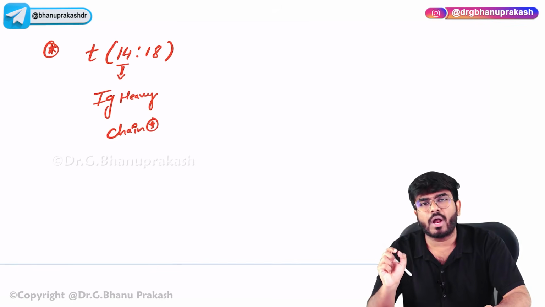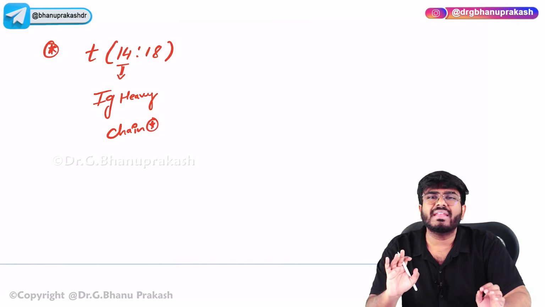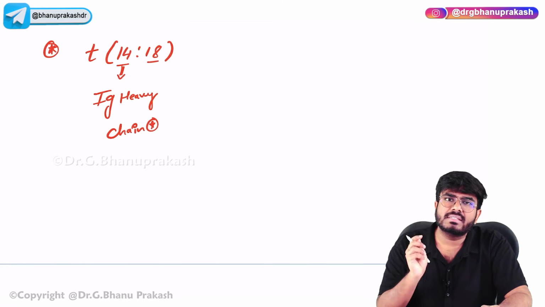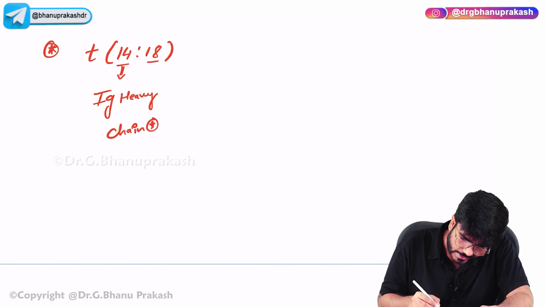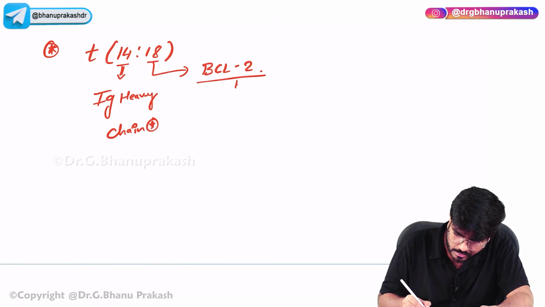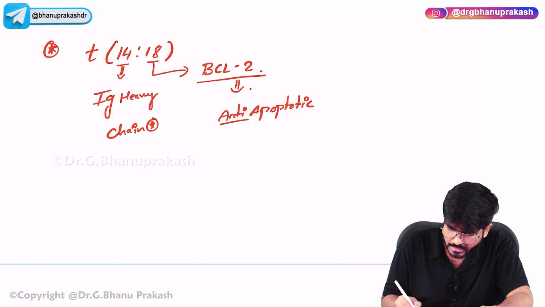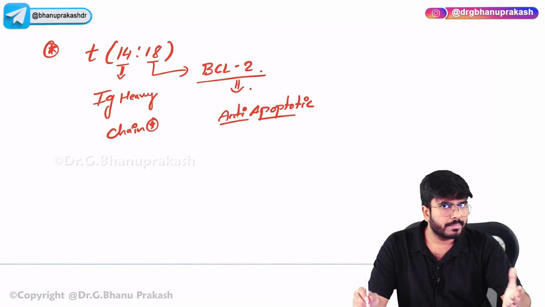That part of chromosome 14 is very highly active. On chromosome number 18, there is a gene which is called BCL2. BCL2 is anti-apoptotic, which doesn't allow apoptosis to occur.